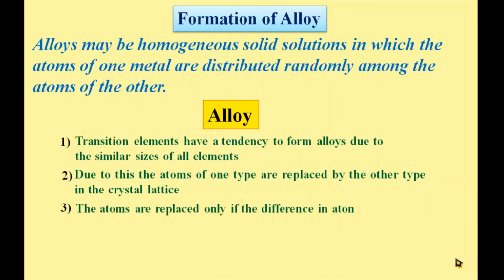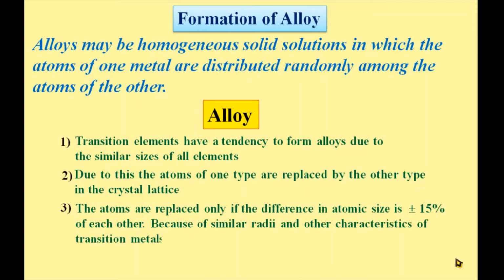The atoms are replaced if the difference in atomic size is within plus or minus 15% of each other. This is the reason alloys are easily formed in transition elements, because the difference within a particular transition series is plus or minus 15%.